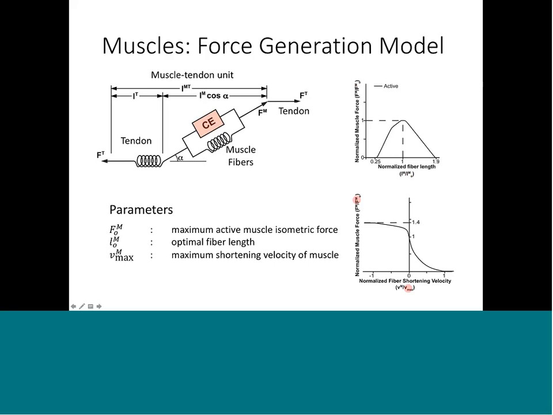The active force generating capacity is also influenced by the shortening velocity of muscle. So beyond a peak shortening velocity, which is a third parameter, the muscle can no longer generate active force. This spring represents the passive force generating capacity of muscle as the muscle is stretched beyond optimal fiber length, and we have a curve that describes that.